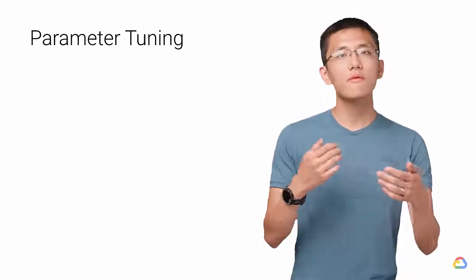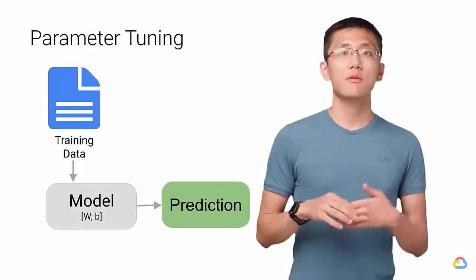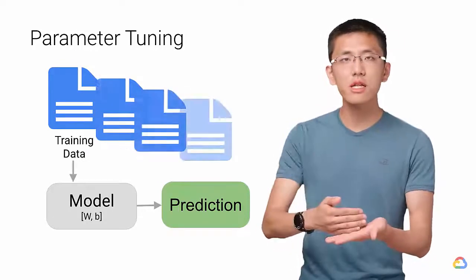Once you've done evaluation, it's possible that you want to see if you can further improve your training in any way. We can do this by tuning some of our parameters. There were a few that we implicitly assumed when we did our training, and now is a good time to go back and test those assumptions, try other values. One example of a parameter we can tune is how many times we run through the training set during training.